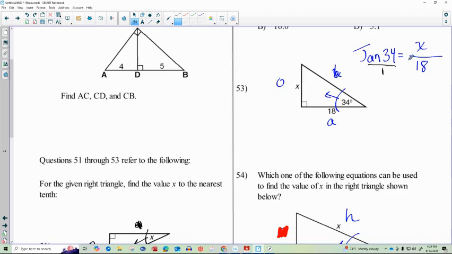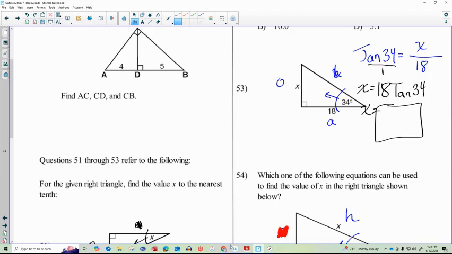I only do that when x is on top. Why? Because if I cross multiply now, I get x times 1, which is x, and then 18 times tan 34, which I write down exactly like that: 18 tan 34. You put that into your calculator and you get your answer.